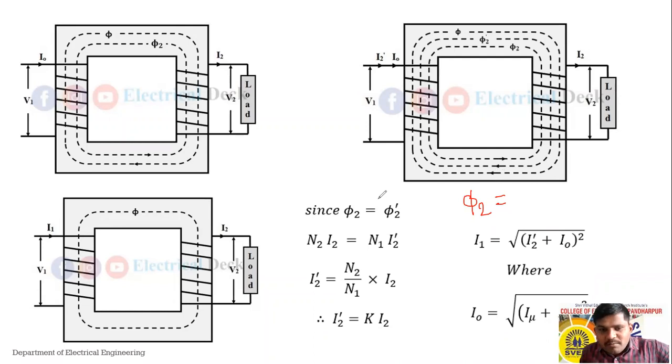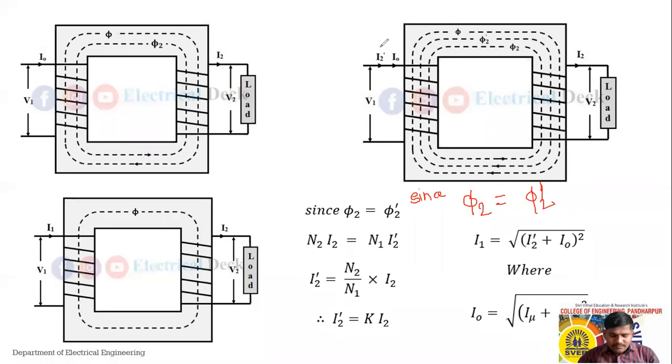Since both these fluxes are equal in magnitude but in opposite direction, phi2 equals phi2 dash, then only we can call the effect neutralized. बरोबर, त्याची मॅग्निट्यूड सेम असेल आणि अपोजिट डिरेक्शन असेल तरच आपण त्याला म्हणू शकतो की ते इफेक्ट न्यूट्रलाइज किंवा कॅन्सल आउट करतोय.